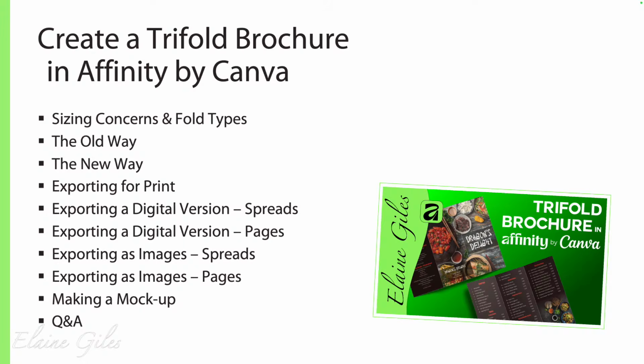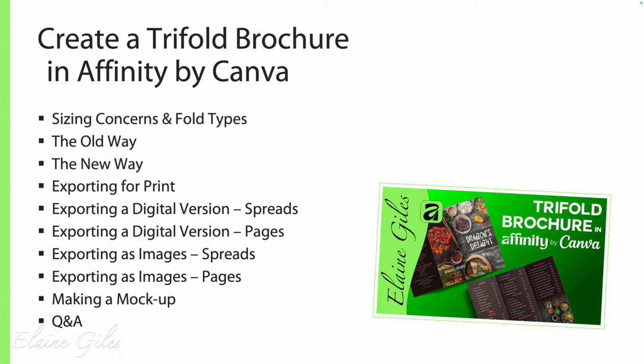So what have we got today? Well, the most important thing if you're creating a trifold brochure are the sizes of the panels, the sizes of the pages, and how to fold the thing. Then there's the old way of doing it, which we had no choice with in Affinity, up until February this year. But in February, a new method arrived, and I'll be covering both of those.